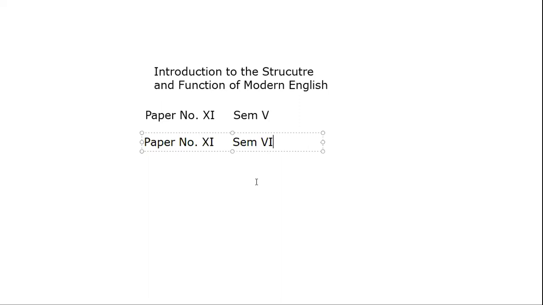In the structure of language, we are going to study how words are formed, how words are structured, how sentences are structured, how sentences are formed. So structure refers to the structure of linguistic items. Linguistic items are words, clauses, phrases, sentences. Everything we are going to study in this particular paper.